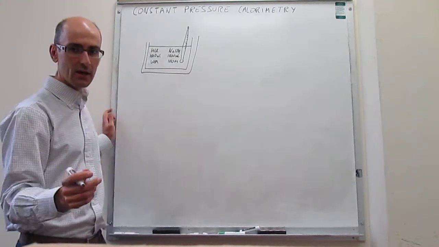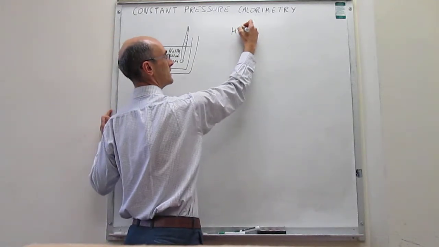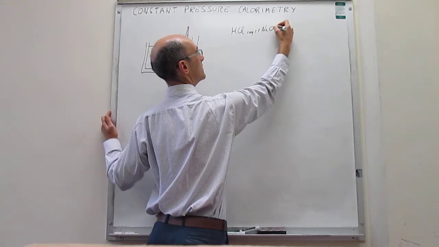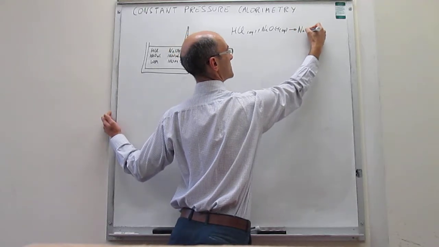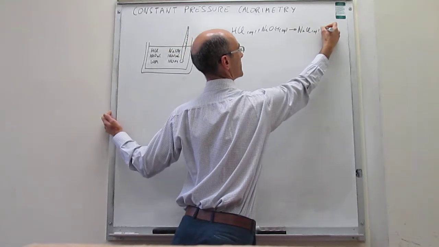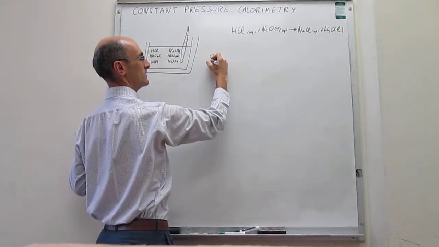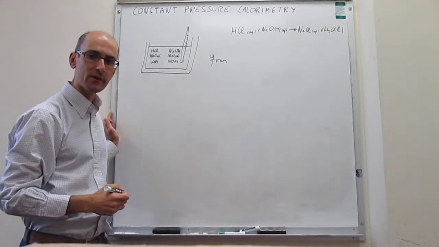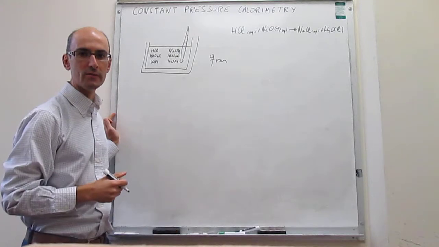Here's the key concept in calorimetry. There is a chemical reaction taking place: HCl in aqueous solution plus NaOH generates sodium chloride, which is a salt, and water. That reaction is going to generate some heat. It's an exothermic process, so energy will be transferred from the reaction into the surrounding environment.